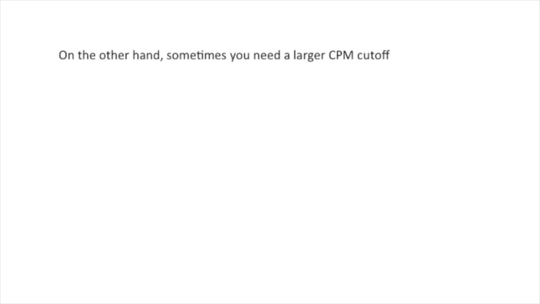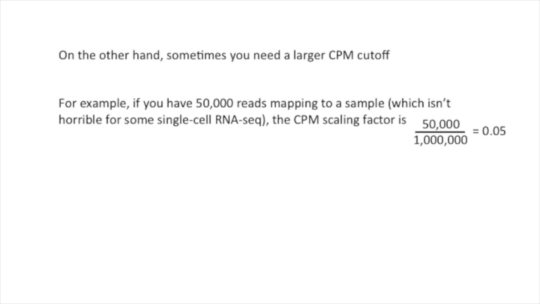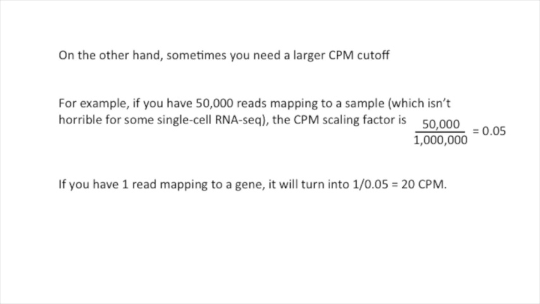On the other hand, sometimes you need a larger CPM cutoff. For example, if you have 50,000 reads mapping to a sample, which isn't horrible for some single-cell RNA sequencing experiments, the CPM scaling factor is 0.05. If you have 1 read mapping to a gene, it will turn into 1 divided by 0.05 equals 20 CPM.